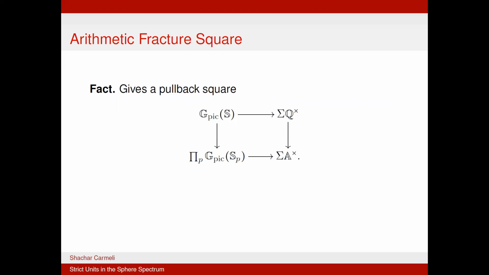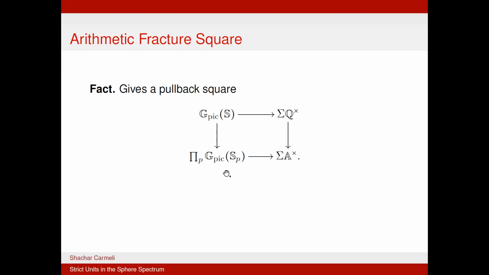So a fact which is not completely formal is that now we can express the strict Picard spectrum of the sphere again as a pullback, where now what we have here is the suspension of Q star, which has to do with GL1 of Q, the suspension of A cross, which has to do with GL1 of A, and then the product of all various strict Picard spectra of the p-complete spheres. Remember that this left down term we have computed, this is just a product of suspension of F_p crosses.